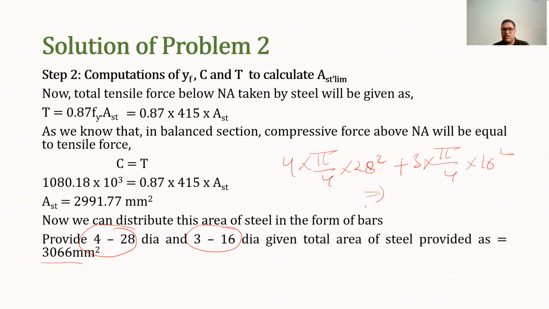This sum will give you the value of 3066. And you can see this value is not much greater than the required value, so it is suitable. That is why we can adopt the number of bars in combination of different dia.